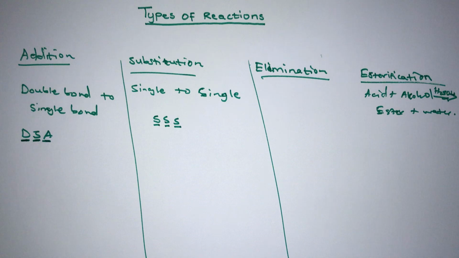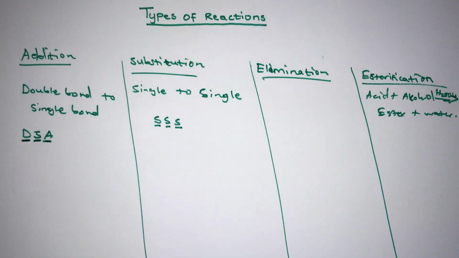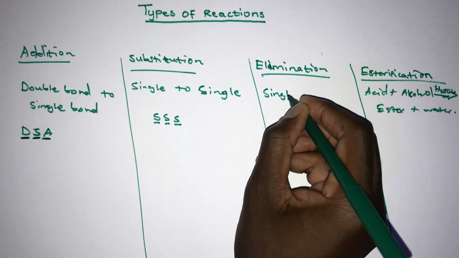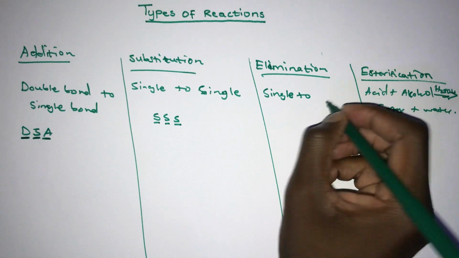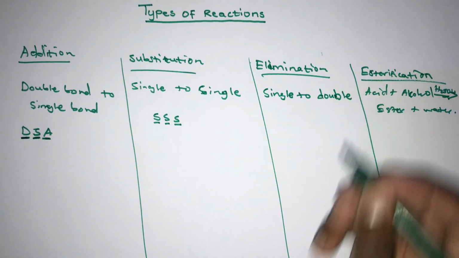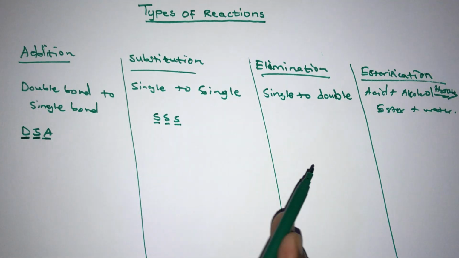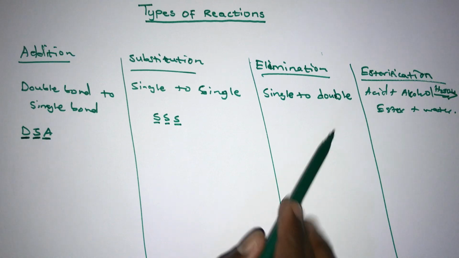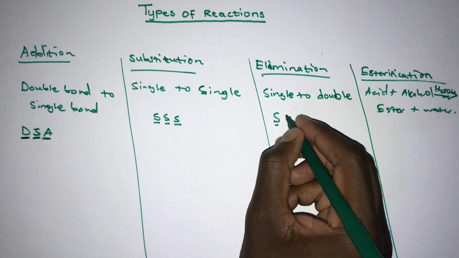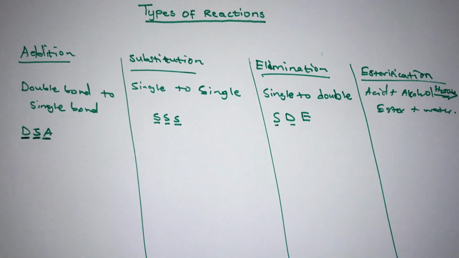So you can call it a triple S. And then for elimination, we go from single bond to double bond. It means that this is elimination reaction.